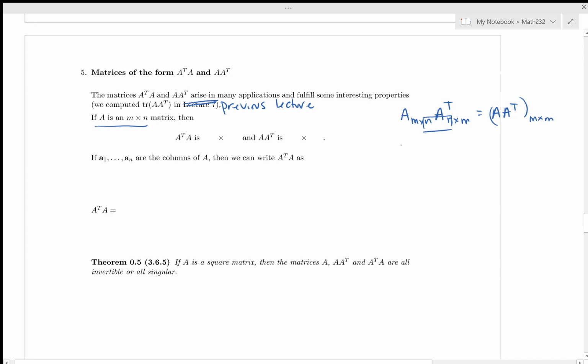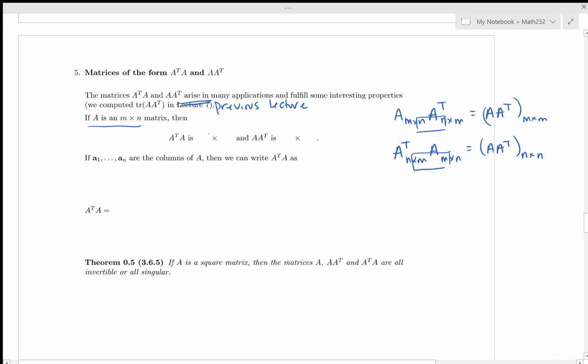Similarly, if I take A transpose, which is still n by m, and multiply by A, which is still m by n, I will get a product, A transpose A, which is n by n. So that's what this is saying here: A transpose A is n by n, and A A transpose is m by m.